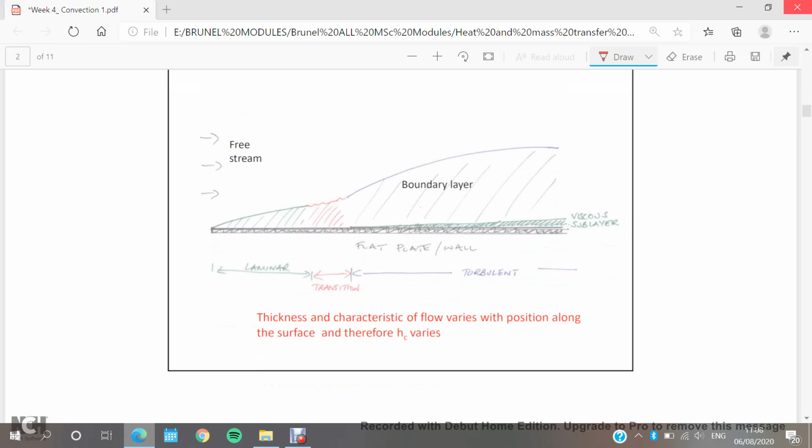It will divide into three different areas. The first is the laminar zone, then the transition zone, and then the turbulent zone. You see that X will be different from laminar to transition to turbulent.